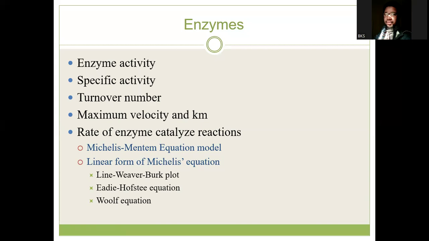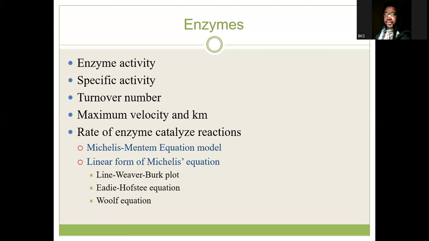But the international unit for enzyme activity is the katal. The katal is the amount of enzyme required to convert 1 mole of a substrate to product per second. What concentration of an enzyme converts 1 mole of a substrate to product every second? This is the unit.